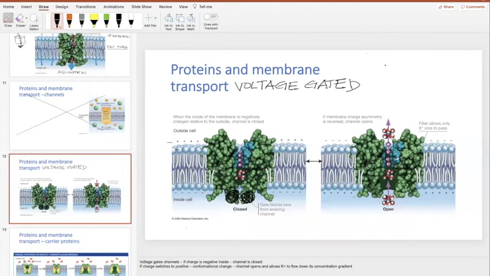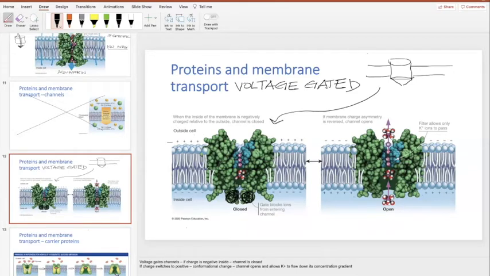So let me simplify this diagram for you. Under normal conditions, you would have a channel protein that's in this phospholipid bilayer, but it's got two little arms on it that function like gates and they're closed. So that is this configuration right here.